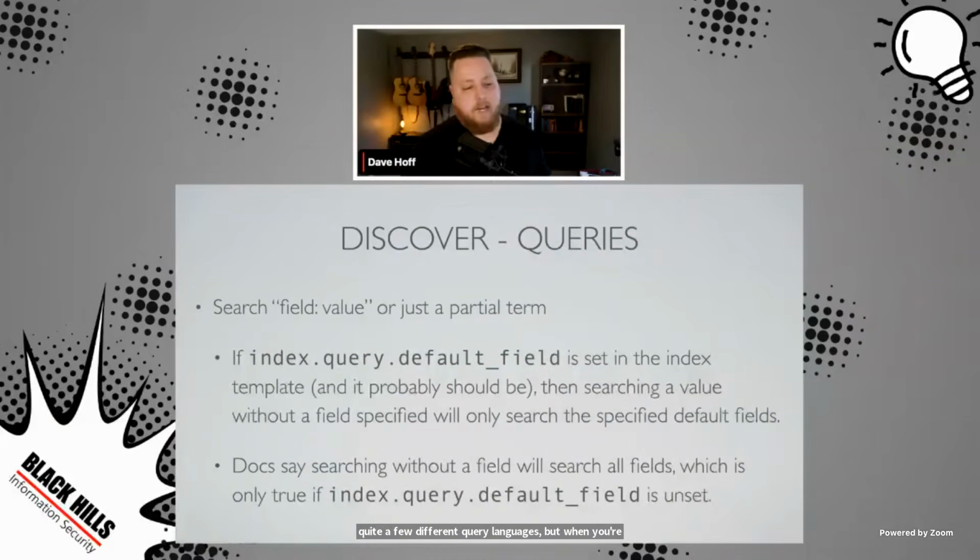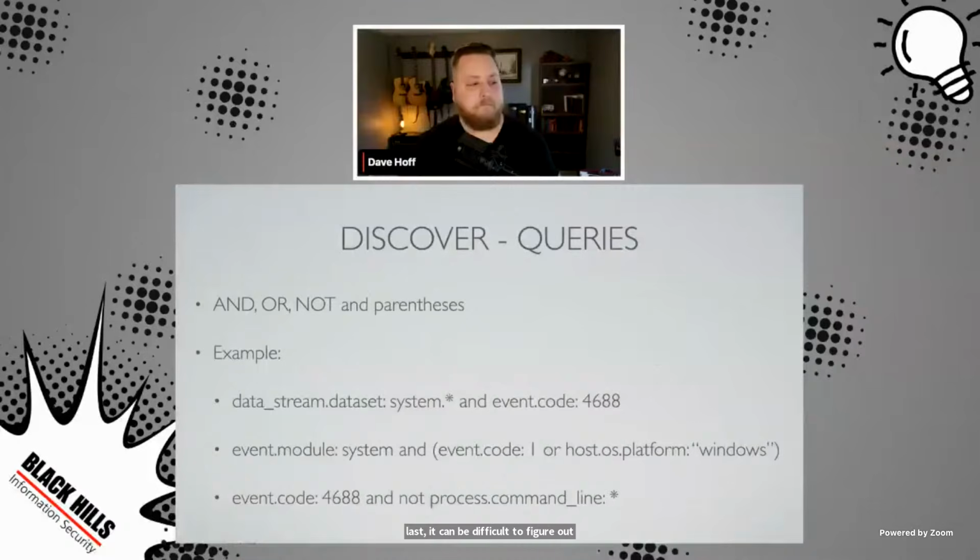So I've got this setting highlighted in bold here for anybody that wants to go looking for it, but just know if you're searching without a field name, you may not be hitting the field you expect to hit with your query. So I recommend always including a field name if possible. It's going to perform a lot better, and it's going to give consistent results. You should know what you're getting.